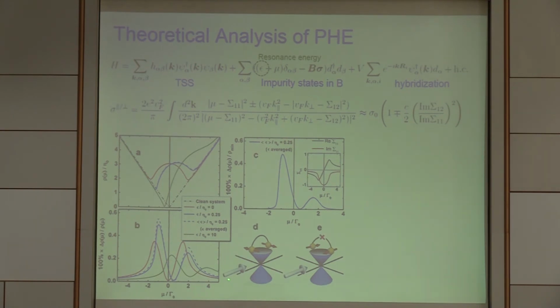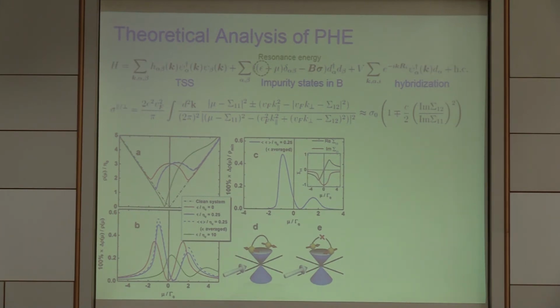So when the magnetic field direction is perpendicular to the original orientation of the electron spins, then the backscattering is allowed. But when the original electron spin orientation is parallel to the magnetic field, then the backscattering is still kept prohibited. So essentially the in-plane magnetic field introduces anisotropic opening or lifting of the topological protection. And that leads to the anisotropic resistance.